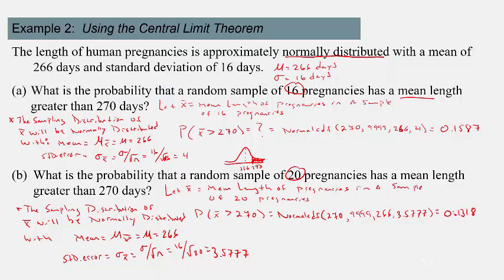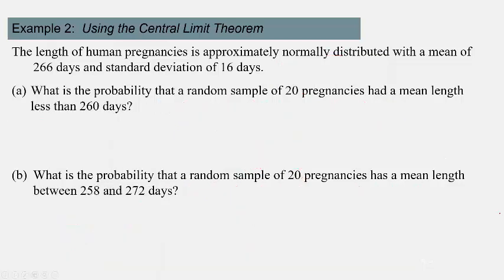All right, let's just do 2 more quick problems with this. So we're sticking with the sample of 20 pregnancies. What is the probability that that sample mean is less than 260 days? So the mean is 266.